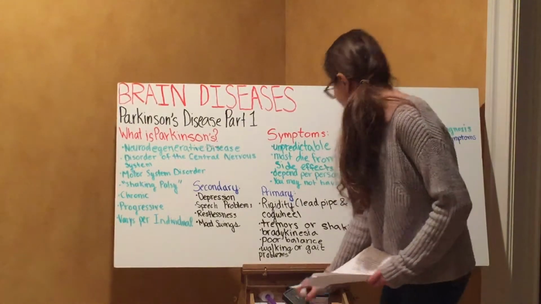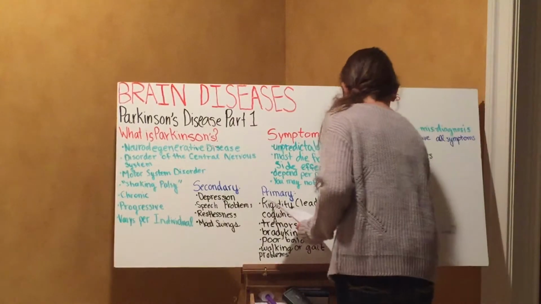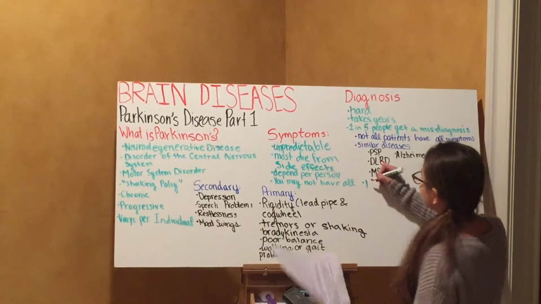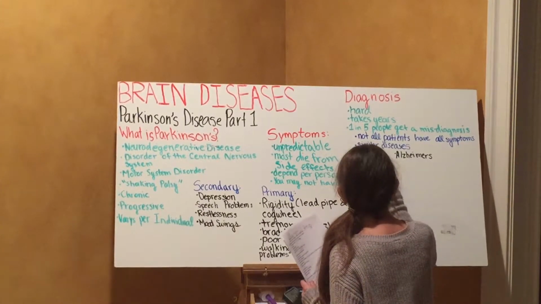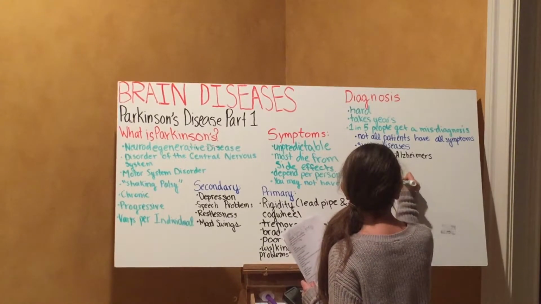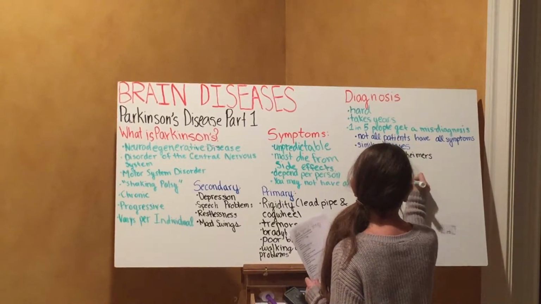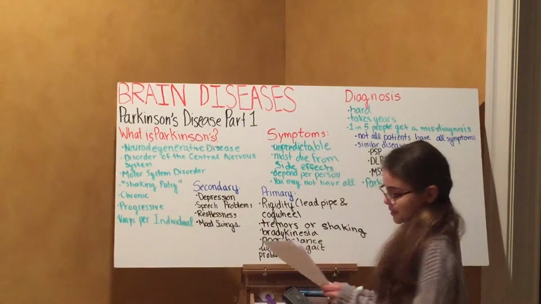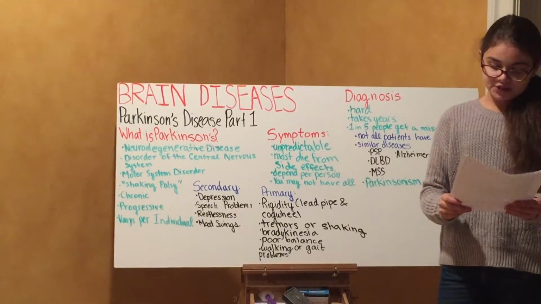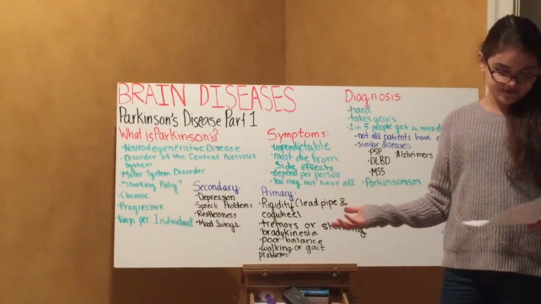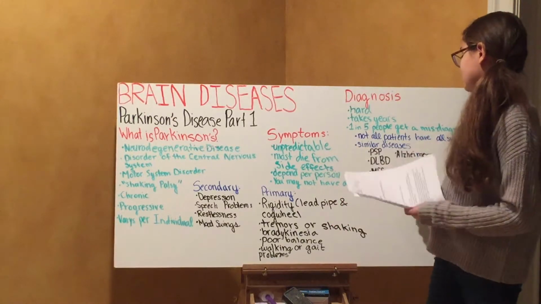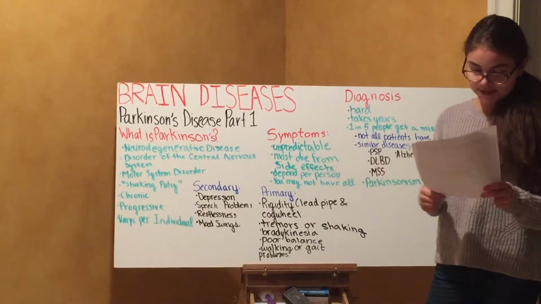Parkinsonism, which is part of the diagnosis. Now, Parkinsonism is the name given to a group of disorders that share symptoms but are caused by different things, and some of them are not true Parkinsonism.